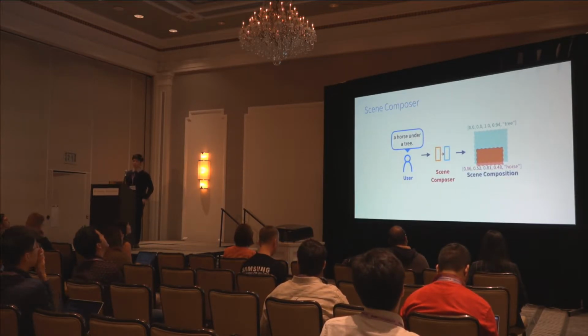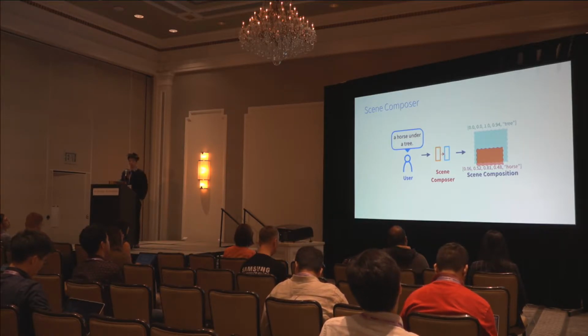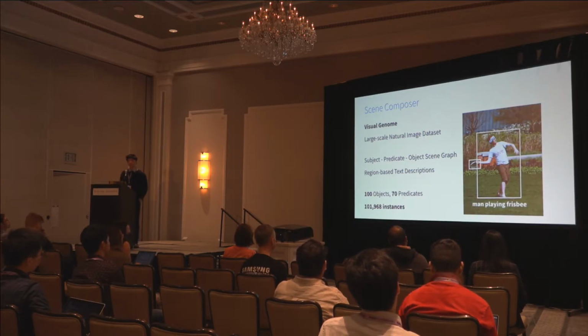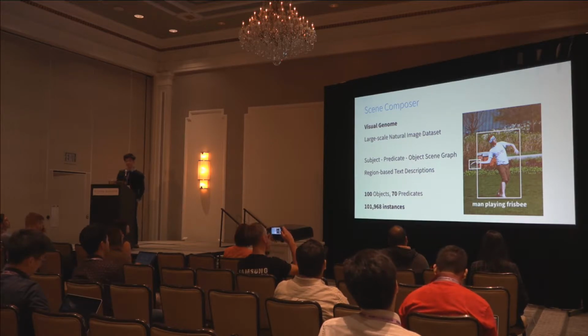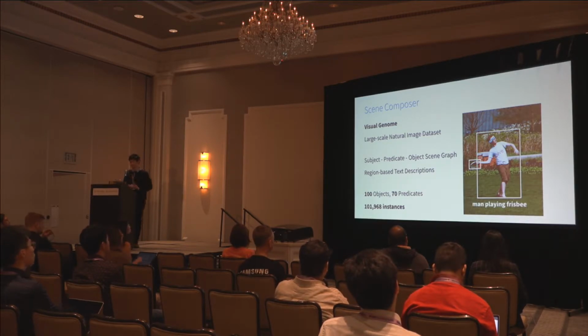Now, let's start with the scene composer. Sketchforme is a data-driven and machine learning-based system. So before we start building the model, let's look at our data sources. Where do we learn this knowledge? The big problem is, unfortunately, a large-scale text-to-sketch direct mapping dataset is not available to this day. But since all we need is composition data, we can learn this from natural images, which have datasets that are widely available.